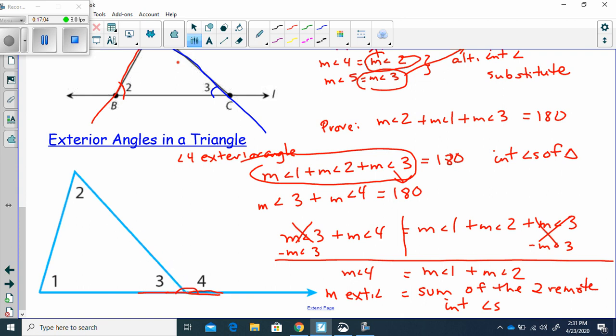So you're away from this angle here. You're not touching this exterior angle. 1 and 2 are both remote interiors. They're inside the triangle. They're remote from this exterior. So the measure of this exterior angle is equal to the sum of the two remote interior angles.